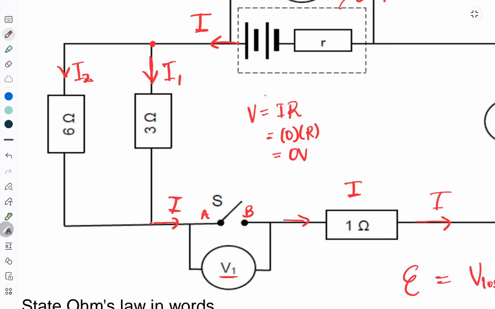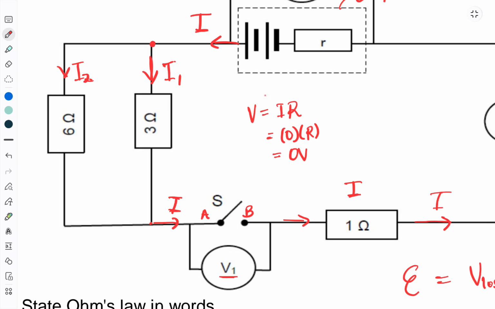If you get 0 volts, it means the 6 ohm resistor is 0 volts, the 3 ohm resistor is 0 volts, and the voltage across the 1 ohm resistor is also 0 volts. So no current means there won't be any voltage drops in the external circuit. The battery is still trying to push charges around the circuit, but the open switch is blocking the path.